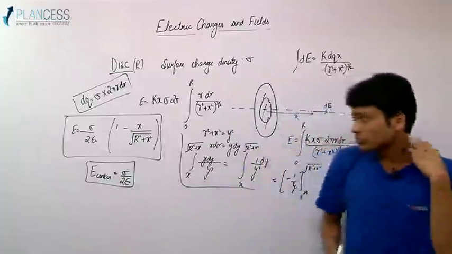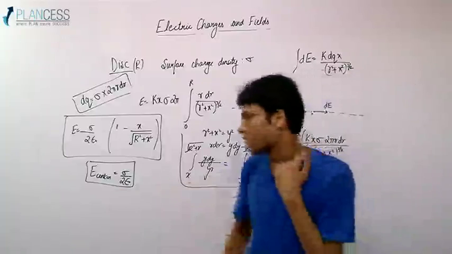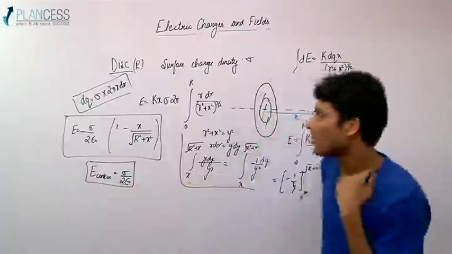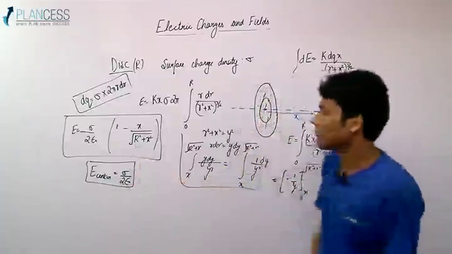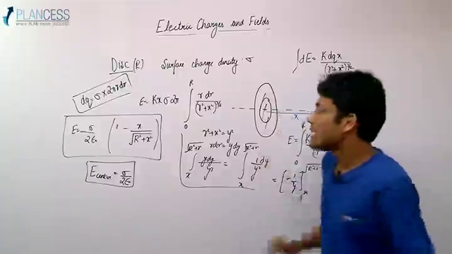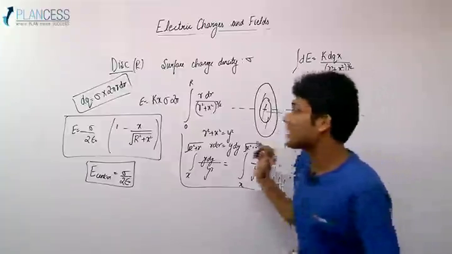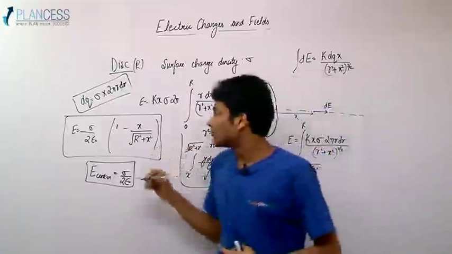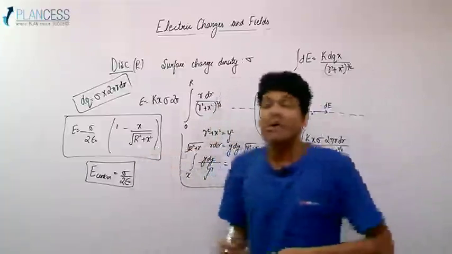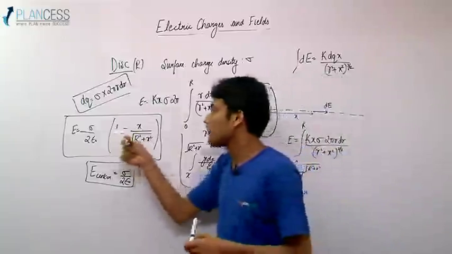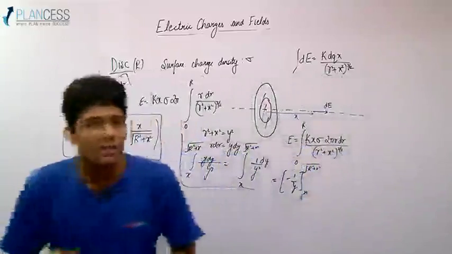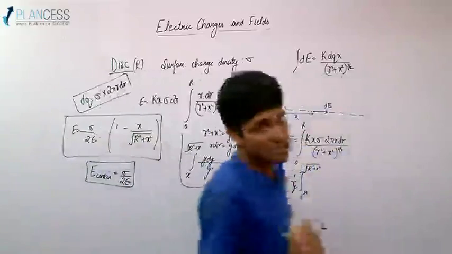Now this is the value of the electric field at the center of the disk, that is sigma upon 2 epsilon naught, and this is the value at a distance x from the disk. Now you can see that if x is very small compared to r, I can ignore x in the root and it would be 1 minus x upon r, and thus once again I'll get an SHM.